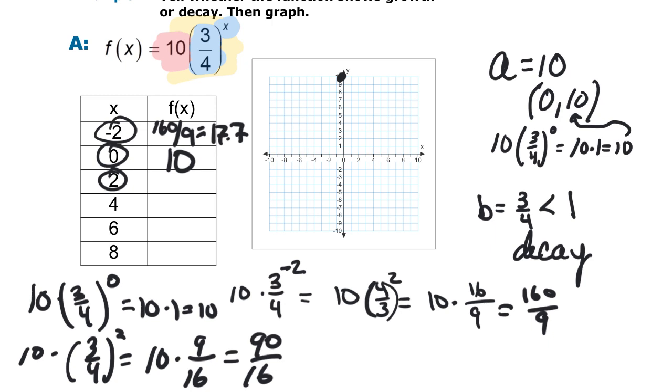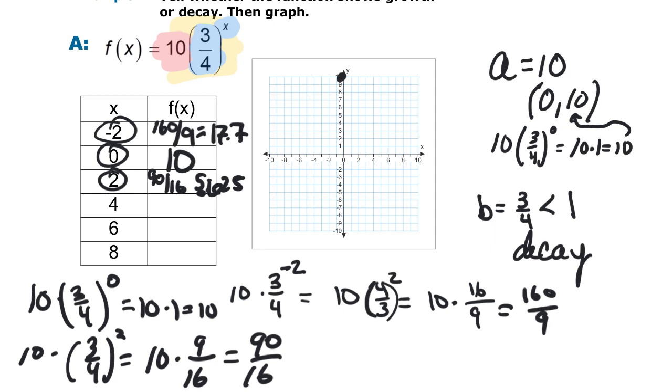Okay, I'm just going to punch it into my calculator and get that quick, so we have an idea when we graph it what the decimal is. 5.625. Notice the numbers are growing smaller because it's decreasing. Okay.